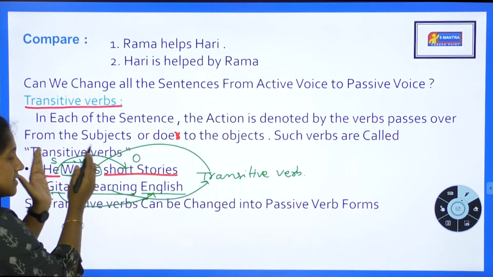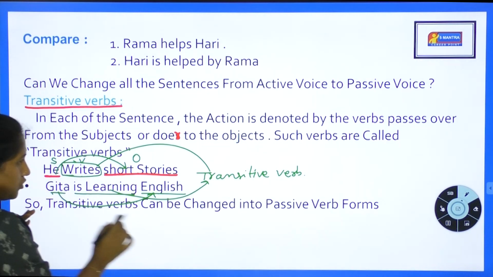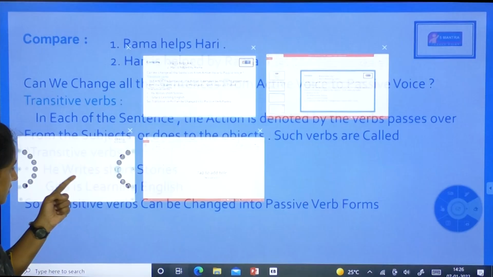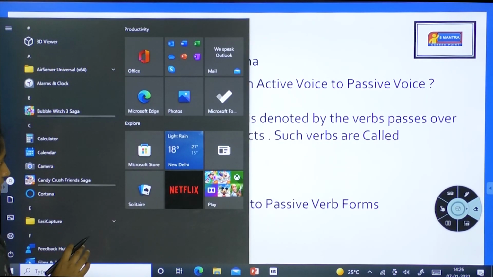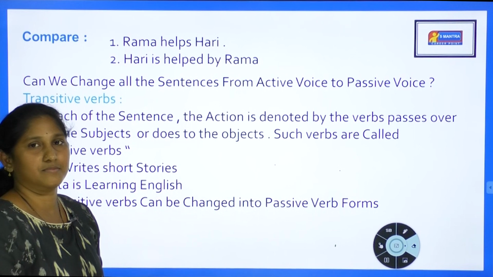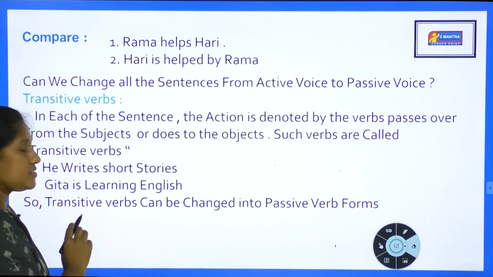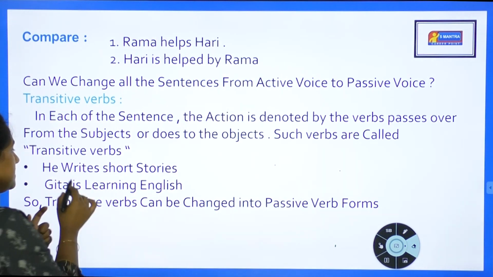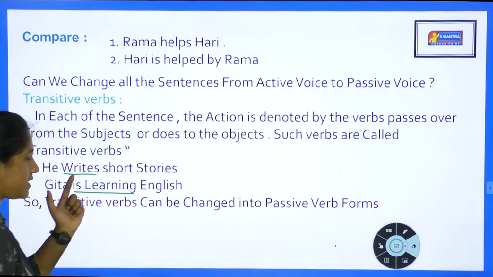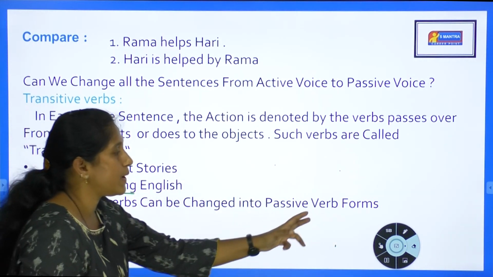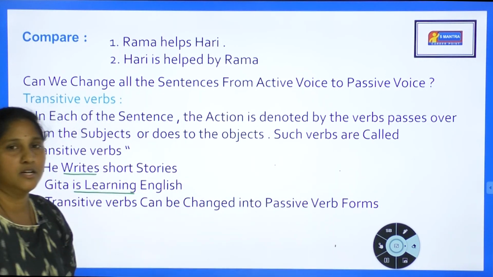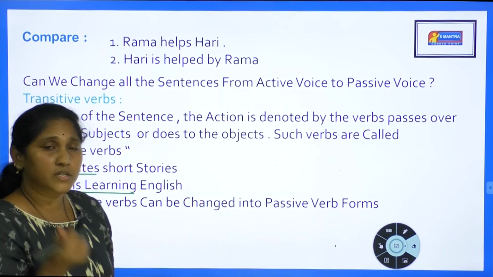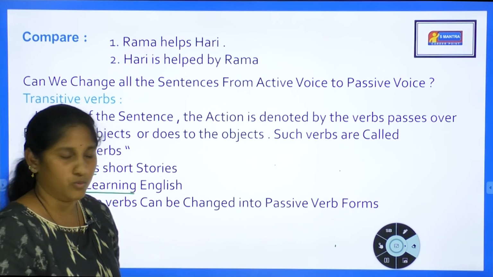Whatever transitive verbs are there in the sentences, these transitive verbs can be changed into the passive form. So this is about transitive verbs. What then? How about intransitive verbs? Let us see now.